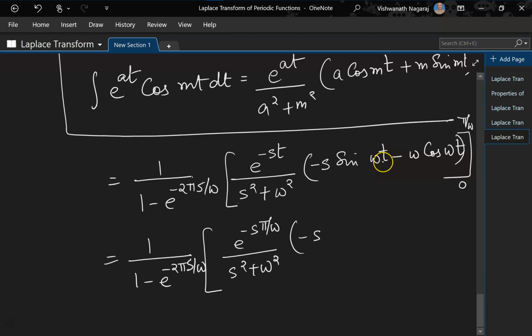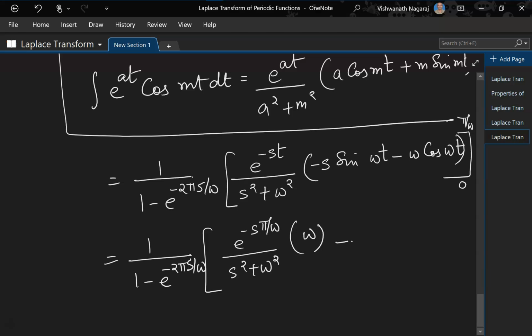Sine pi is 0, so this itself becomes 0, which means we don't even have to write it. Here, omega times pi by omega gives cos pi. Cos pi is minus 1, so minus into minus omega gives plus omega.